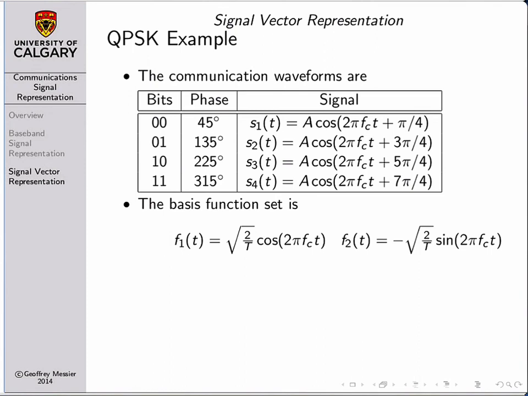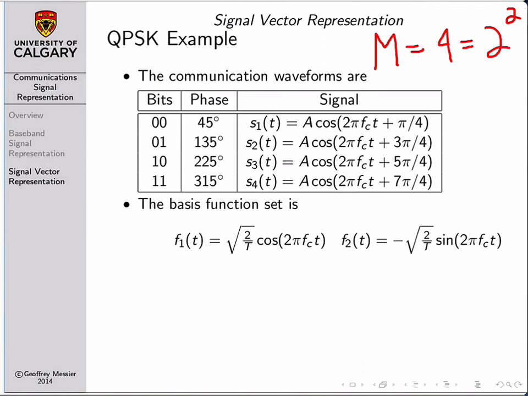And so what I'm going to show you is QPSK, or quadrature phase shift keying, which is a passband modulation scheme where we have 4 different waveforms in our modulated signal set. So in this case, capital M is equal to 4, which means we carry 2 bits per modulated waveform, or 2 bits per symbol.